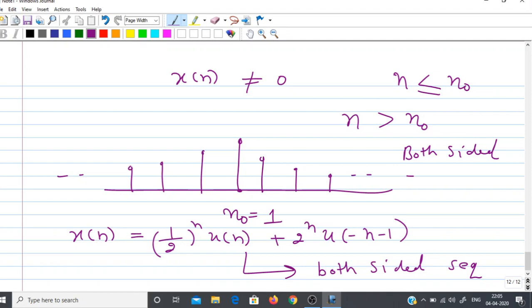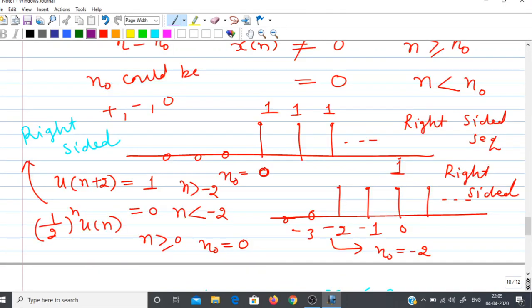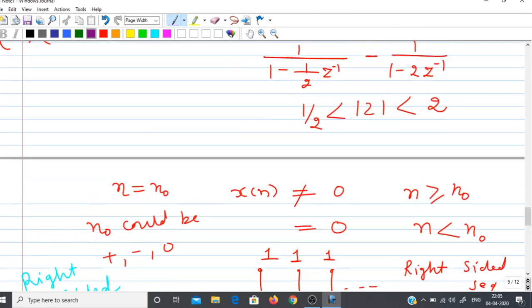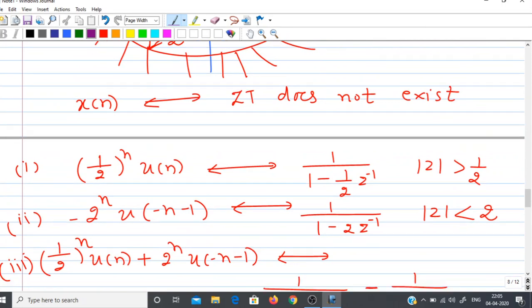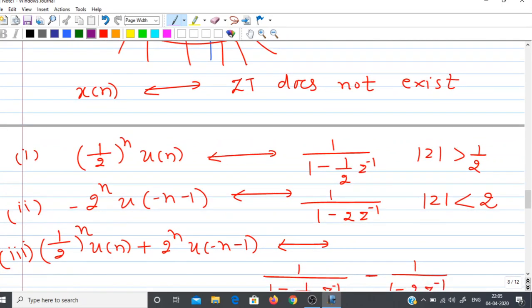Now, what observation can we make from the Z transforms of these three different types of sequences? The first sequence, half to the power n u of n, is a right-sided sequence. For it, the ROC is of the form mod Z greater than something.